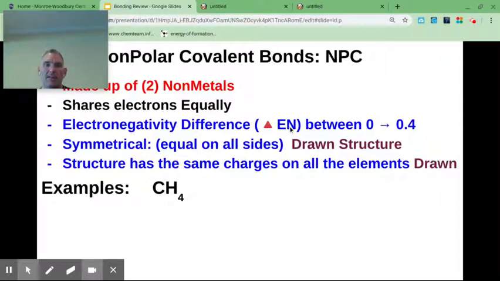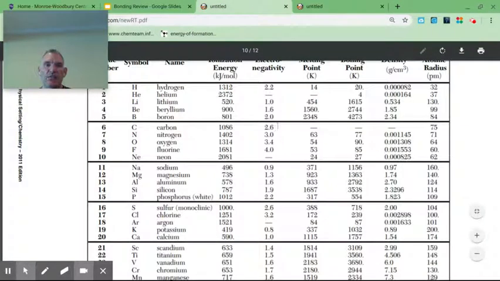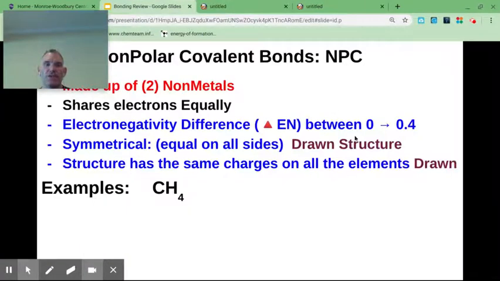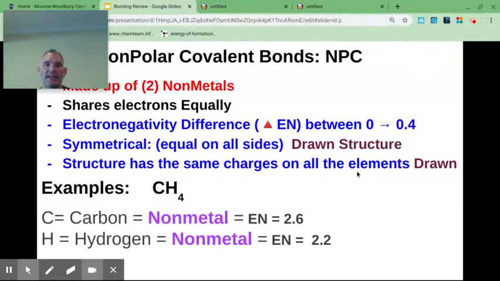Then I want to look at the electronegativity values. Carbon has a value of 2.6 and H is 2.2. So if I do the same thing that I always learn how to do with my electronegativity, I get 2.6 and 2.2. So if I subtract those answers, I get a value of 0.4.